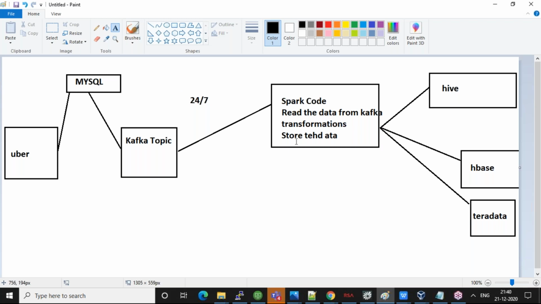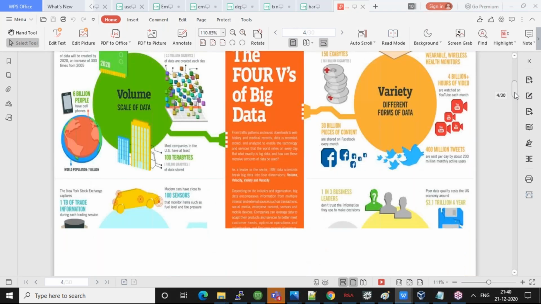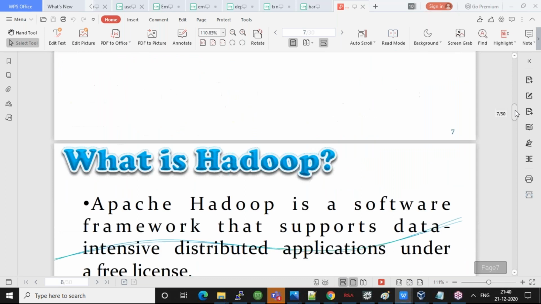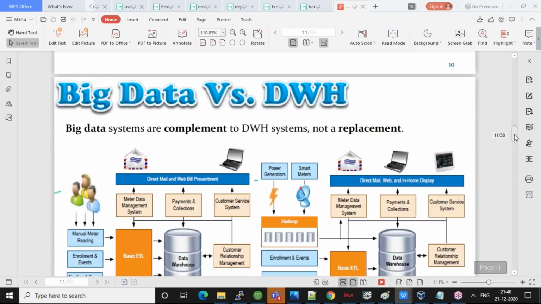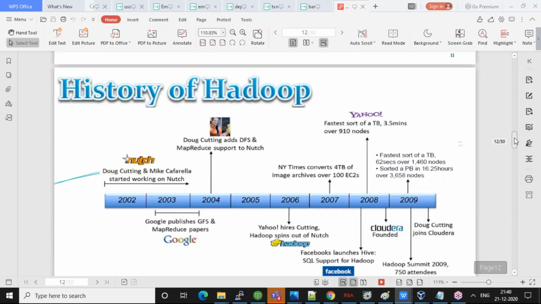Okay, now coming to the next point, big data. The next concept is Hadoop. First we need to learn about the history of Hadoop: in which year Hadoop entered the market, and who introduced it.